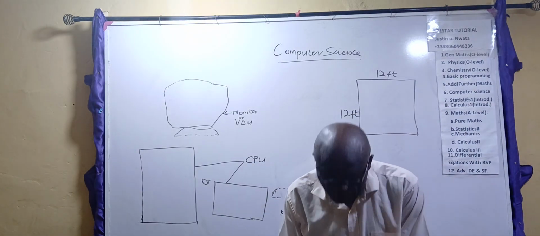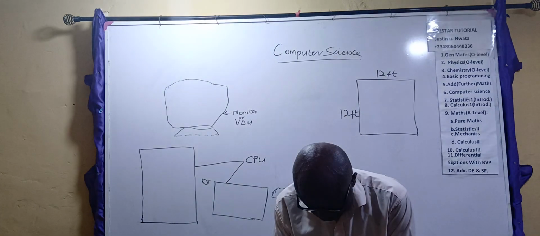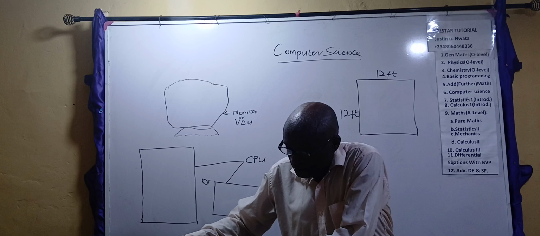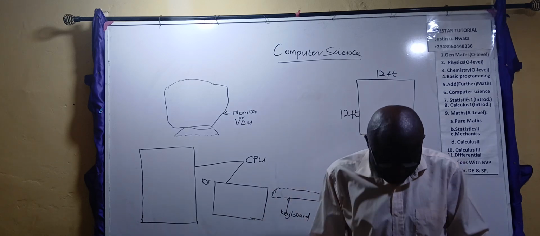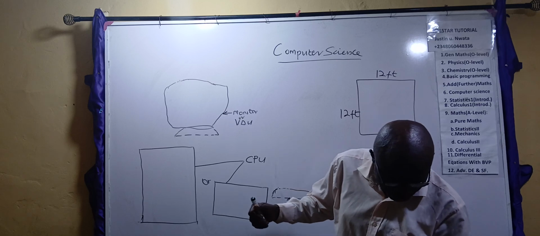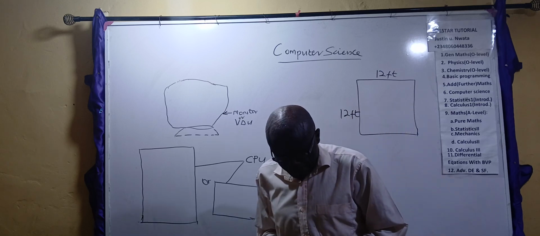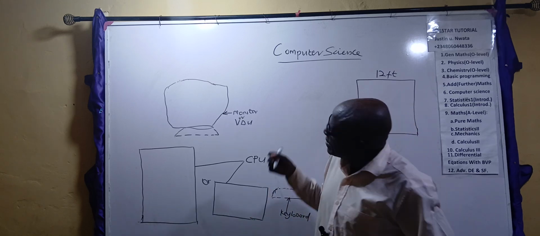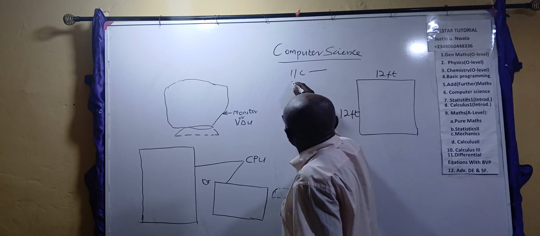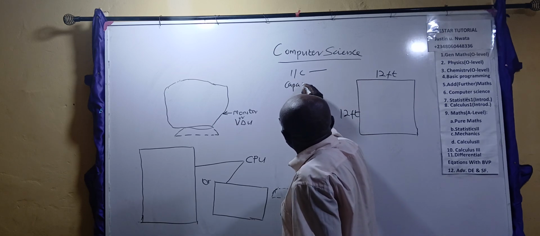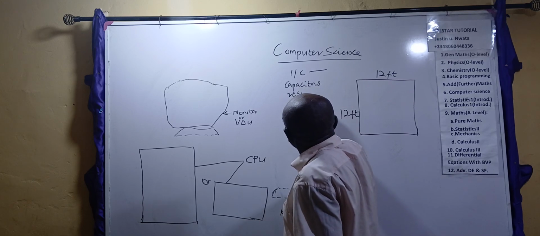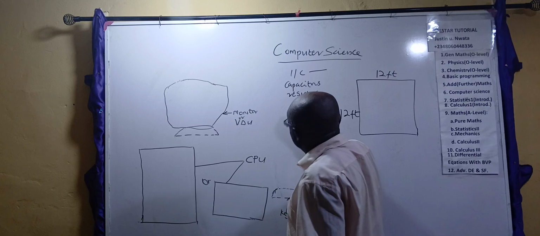Life continued. Technology continued to improve. It came to a time, after much improvement, that all the components used to make a computer, components like ICs, integrated circuits, capacitors, resistors, etc., are very tiny.